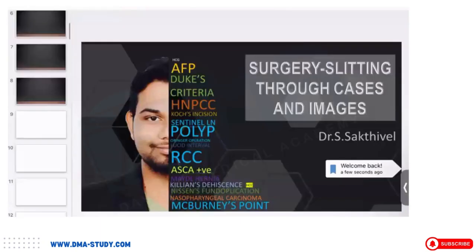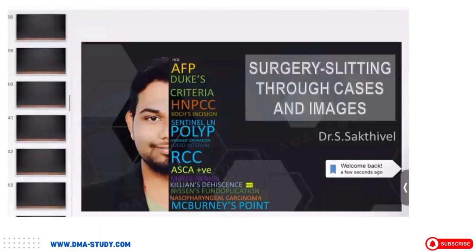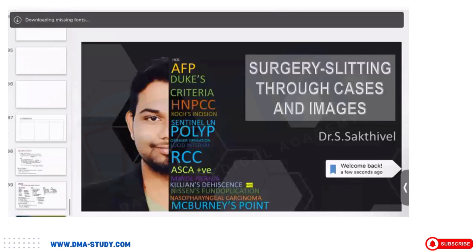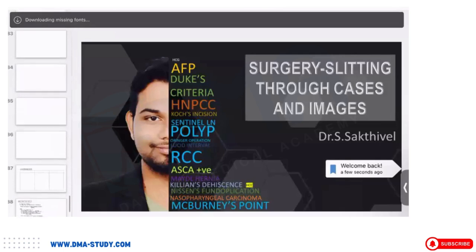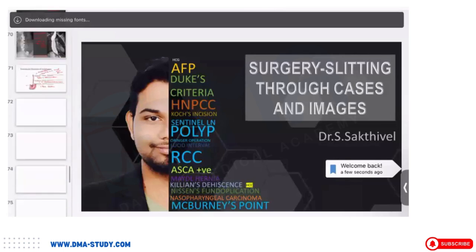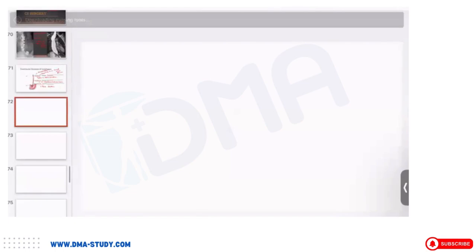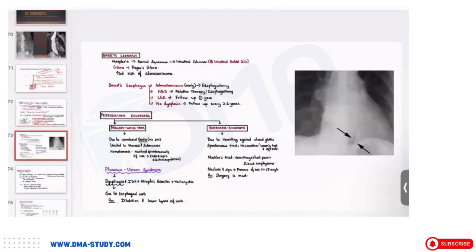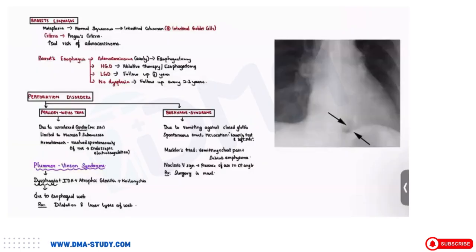You may see it in the X-ray. At what position may you see the V sign? Air, and where? Costophrenic angle or cardiophrenic angle?